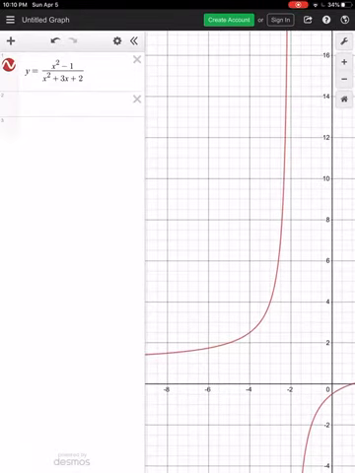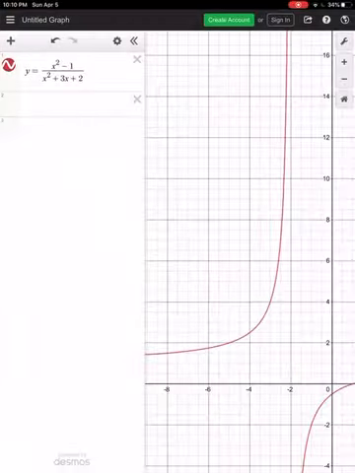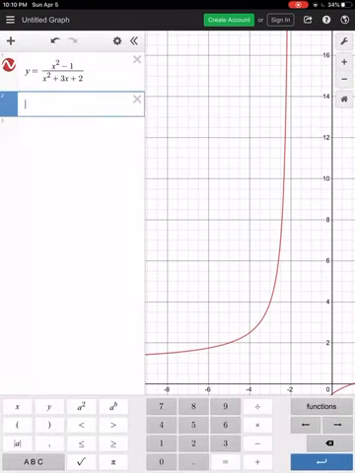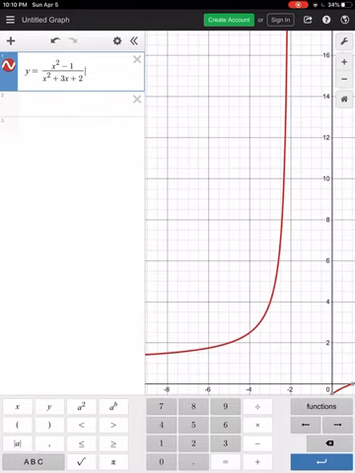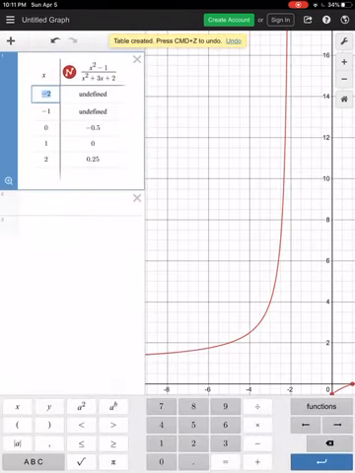First I want to make sure I type in the equation correctly. x squared minus 1 over x squared plus 3x plus 2. All right, so let's see if I can change this. You know how you can change this to a table if you hit this gear button, and then hit this table beside it. So now I have a table.